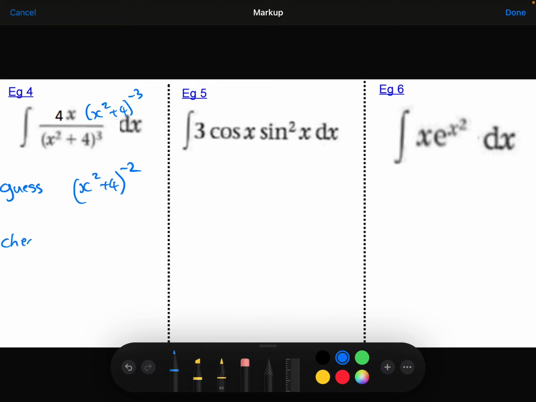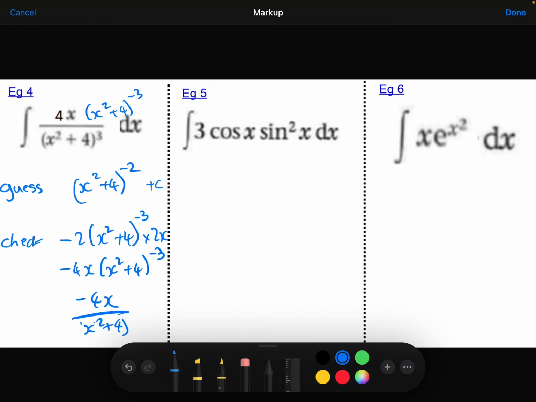What does that differentiate to give? So multiply by the power, so multiply by minus 2. Take 1 away from the power. Then we'd have to multiply by the derivative of the inside, which is 2x. So that would give me minus 4x over x squared plus 4 to the power minus 3, which is the same thing as minus 4x over the x squared plus 4 all cubed.